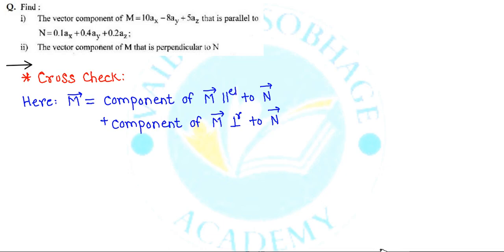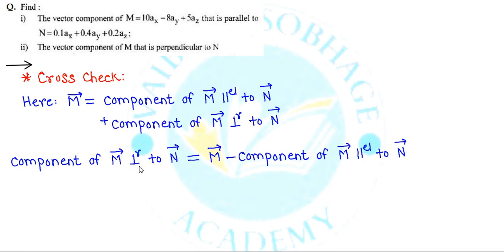And how is that done? That is very basic. The component of vector m which is perpendicular to vector n equals your given vector m minus the component of vector m parallel to vector n. We have the value of vector m which was given in your numerical, which was 10ax minus 8ay plus 5az, and we have to subtract the component which was parallel to vector n.